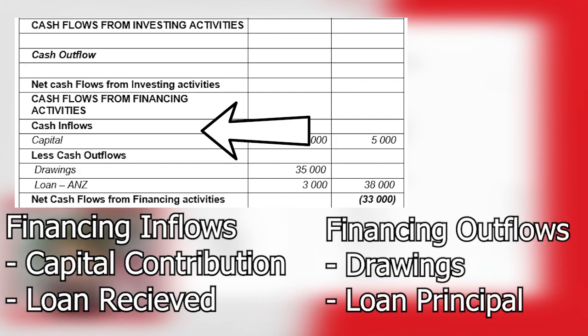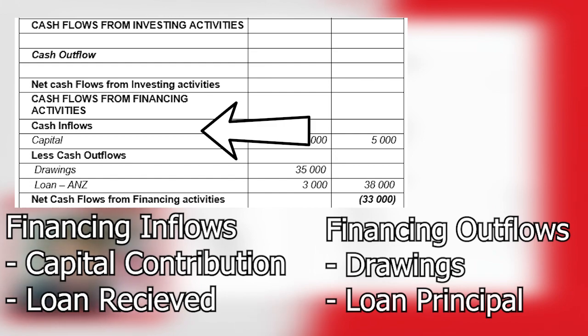If you put anything apart from those four on there, you have done the wrong thing. You need to double check your work. So remember, it's capital contributions, receiving a loan, drawings, and paying back a loan, the loan principal.